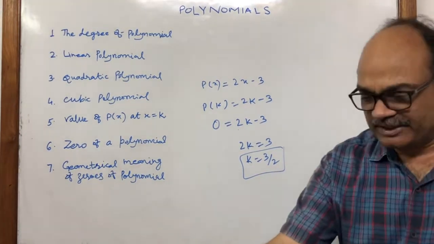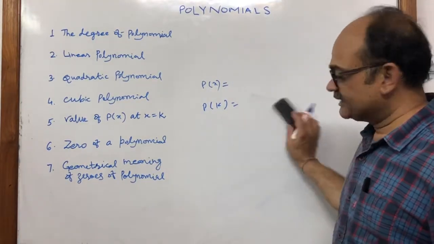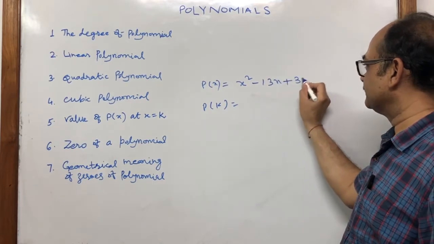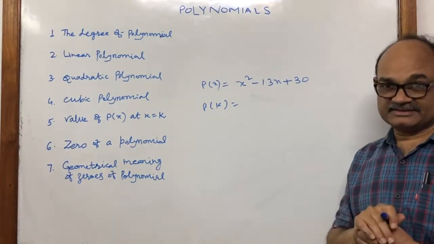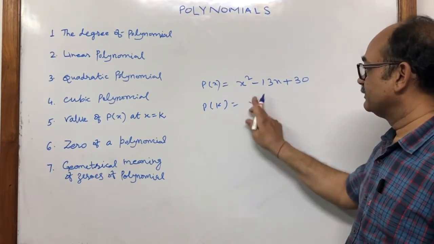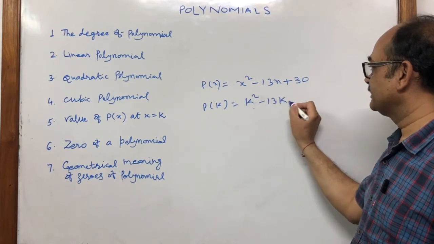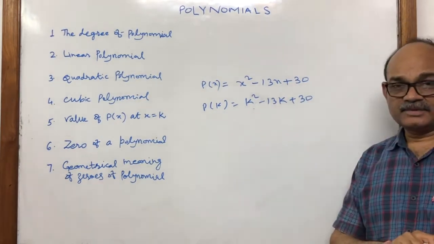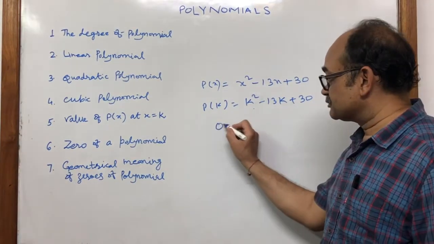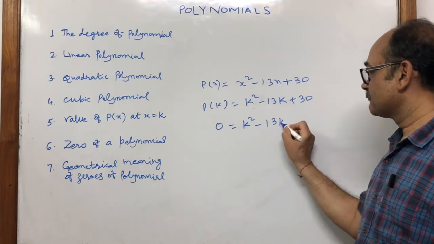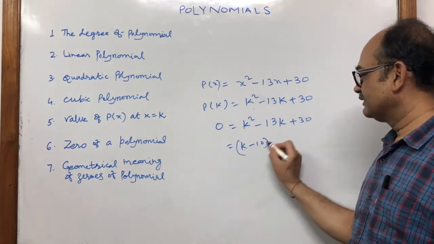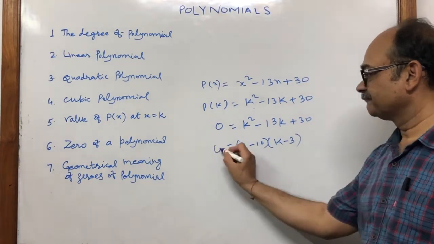The same thing is for the quadratic. By the way, the quadratic is our previous question, x square minus 13x plus 30. You know the factors. We want k, so put k square minus 13k plus 30. I want zeros of the polynomial, and by the definition, this must be 0. And you know the factors, k minus 10 and k minus 3.